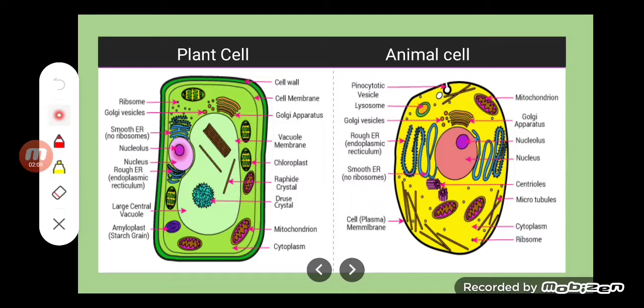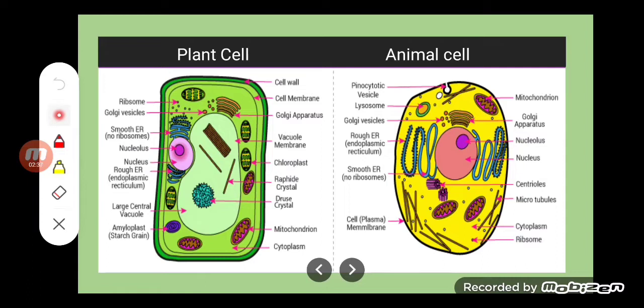So now we are going to observe the differences. What is the difference? Here in plant cell, if you observe carefully, you can see the outermost layer is the cell wall, which is surrounding the cell membrane. But you can't see any cell wall in this animal cell.